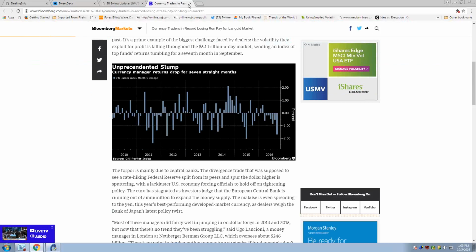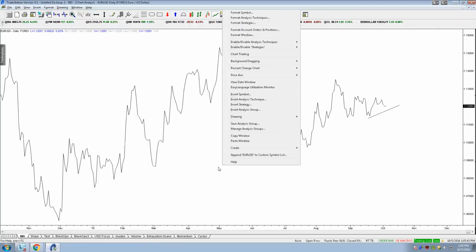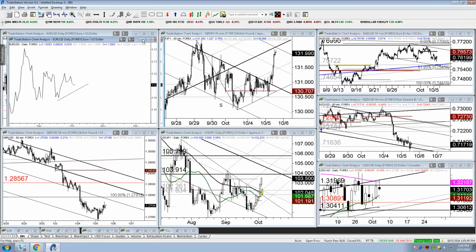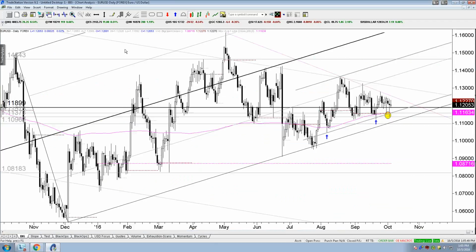It suggests to me that you will see some sort of a shocker of a breakout. And after yesterday's action, let's move back into the price chart of the euro.